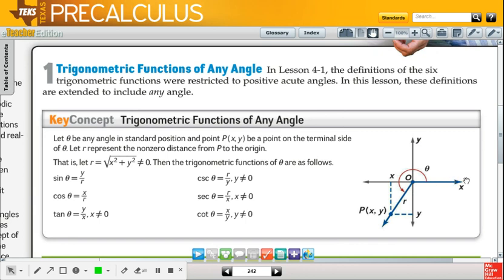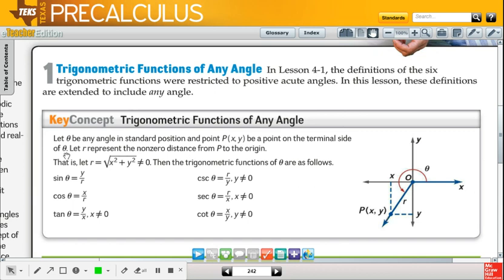That's where the angle is graphed. That's where it's going to start. Terminal side is when the angle stops. So here, where the angle stops rotating, that's where it's a terminal side. So here we have point P, x, y.